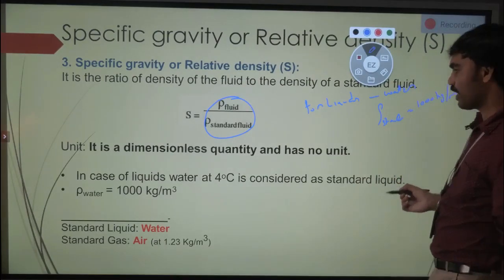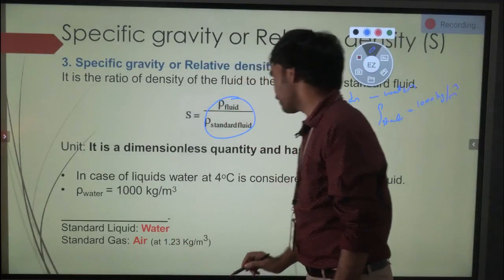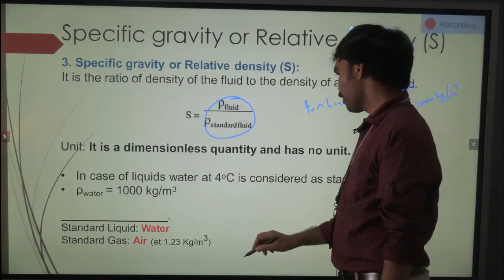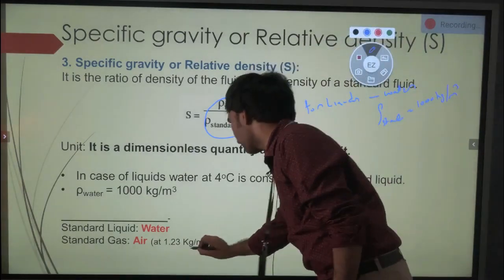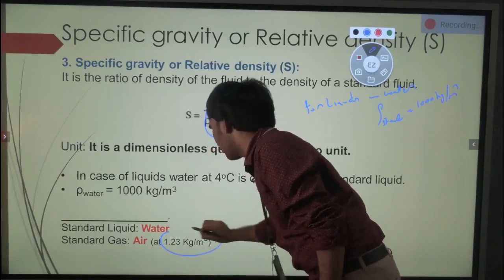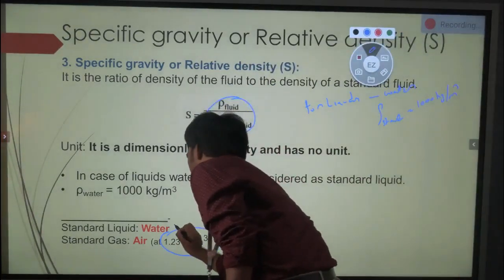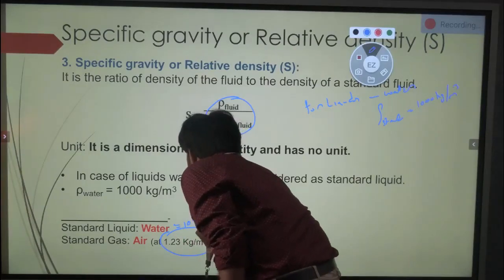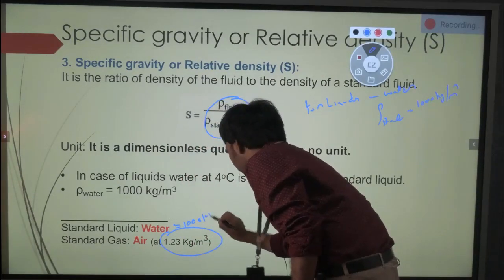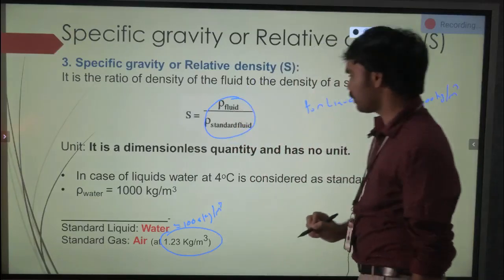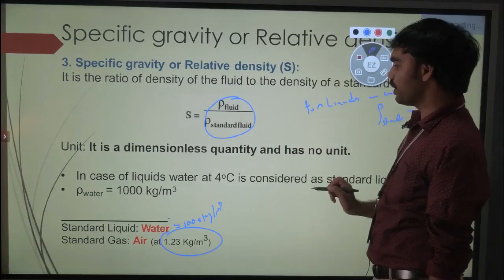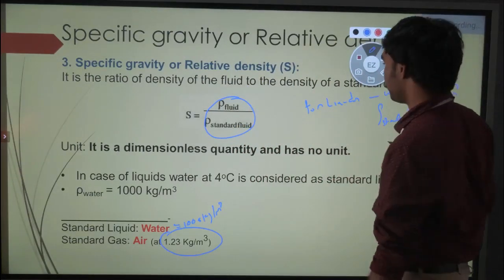For gases, we will consider air as a standard fluid or standard gas, so the density is 1.23 kg per meter cube. So the standard liquid is water, that is 1000 kg per meter cube. For gas, it is 1.23 kg per meter cube.